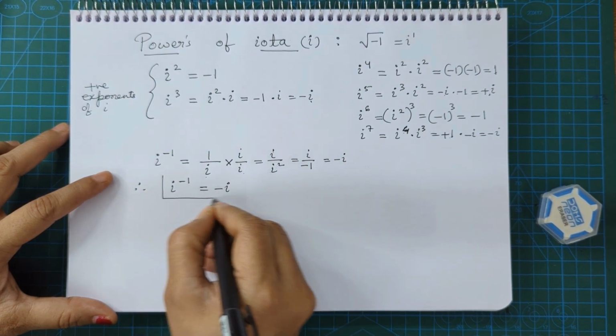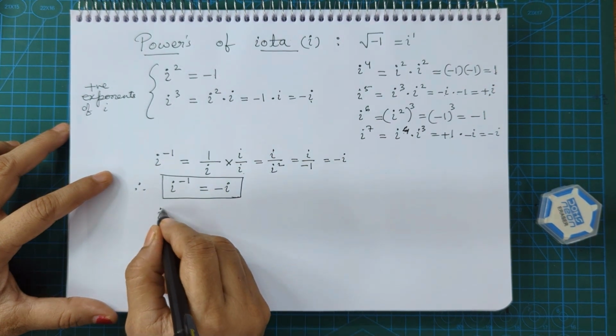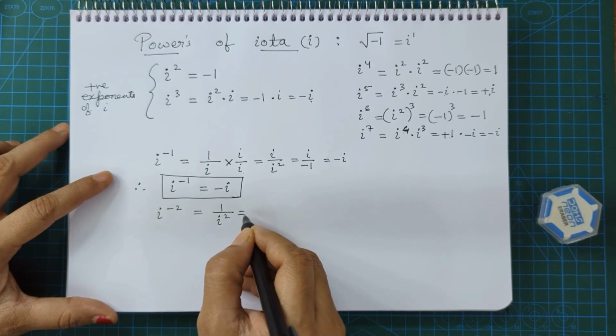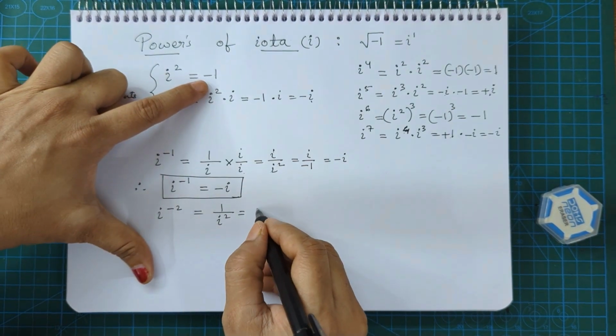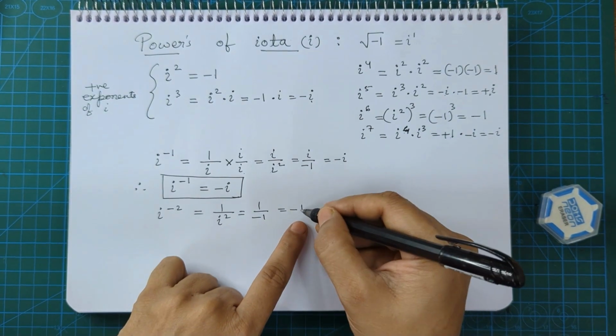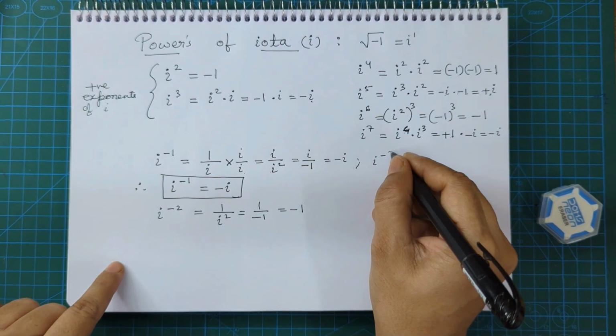So this is one of the statements. Then what about i to the power negative 2? It is 1 by i square. i square is negative 1, so 1 by negative 1 is negative 1. Now you see some symmetry is coming up here. Now we'll go for i to the power negative 3.